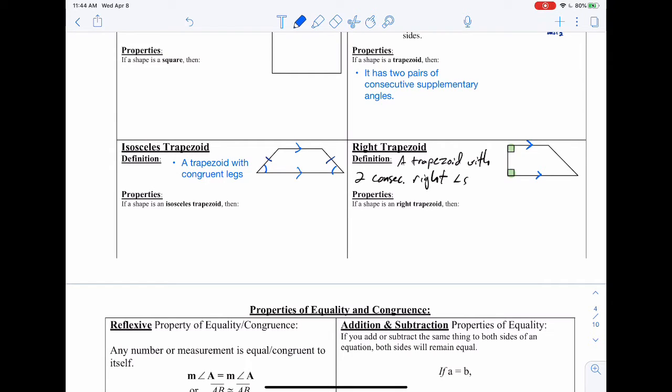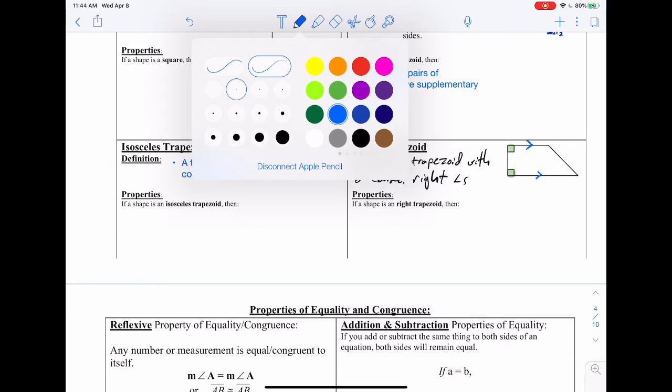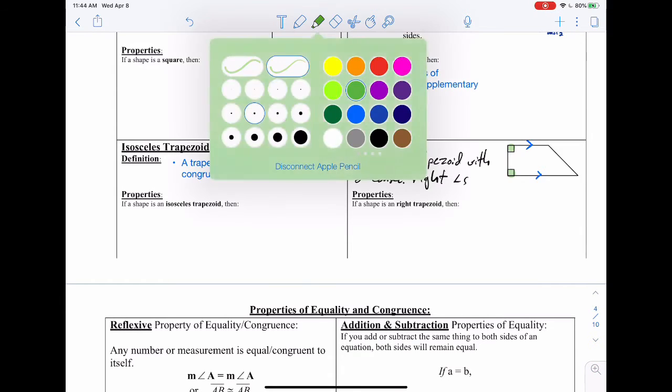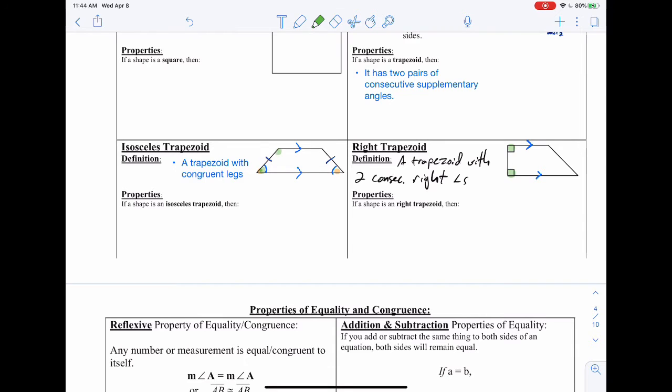But in this case, since it's a trapezoid, and these two angles are congruent, and these two angles are supplementary, both these angles are supplementary to the same angle, and they're both congruent, which means these two angles are also congruent.